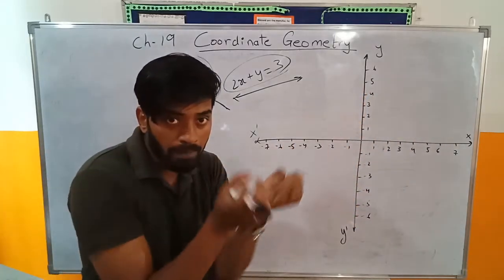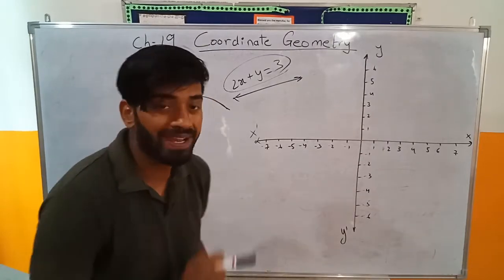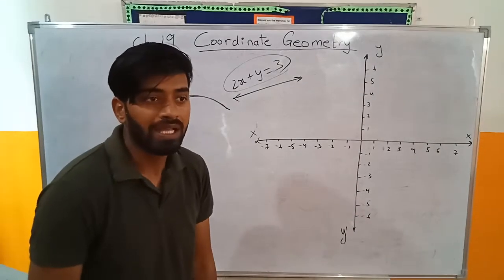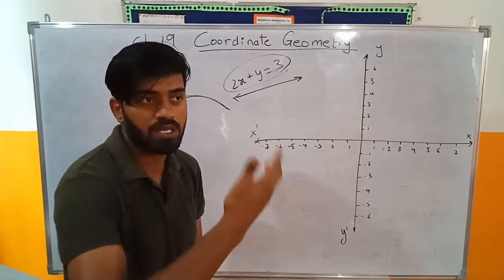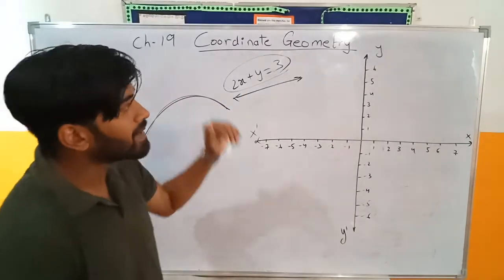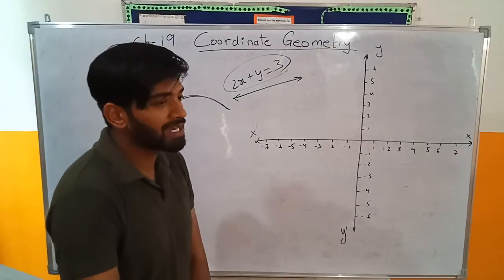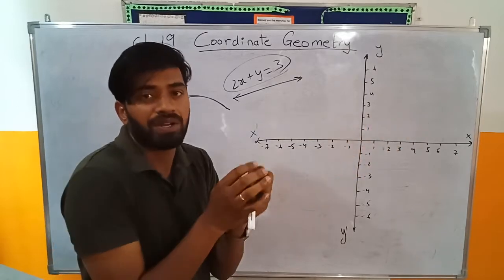When both of them combined together, a new branch of mathematics was made, called coordinate geometry. Like you have branches of science: physics, chemistry, bio, zoology. Same like this in mathematics, a different branch was created called coordinate geometry when they learned how to combine algebra with geometry.